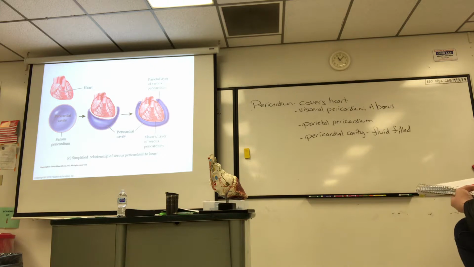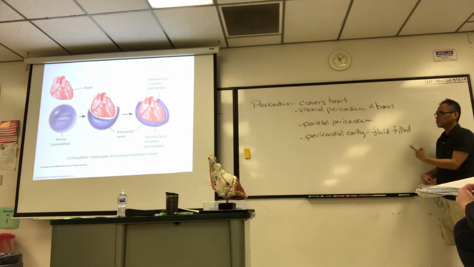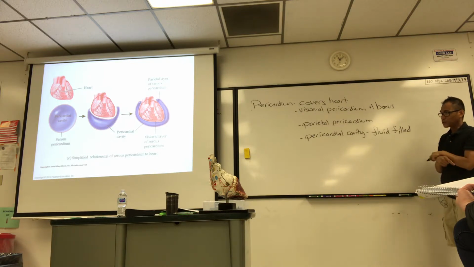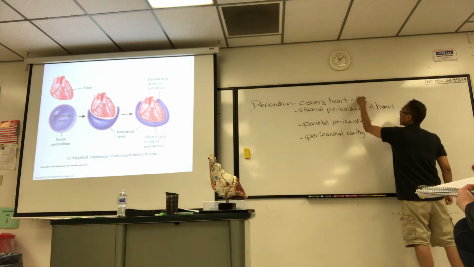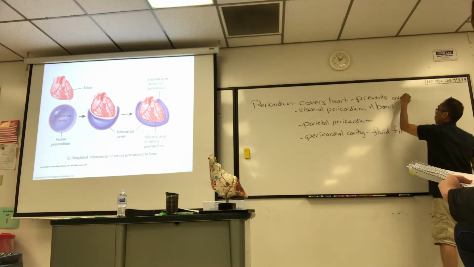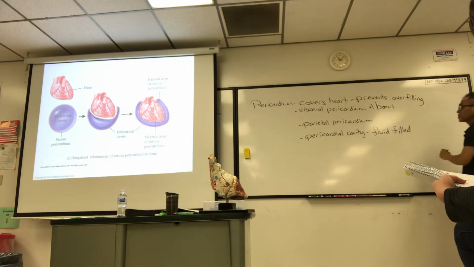Because it's like containing the heart. And it's fluid-filled, it reduces friction as it's beating and moving. It's not rubbing and creating friction against things that are next to it. Prevents overfilling. Now, it can cause problems.